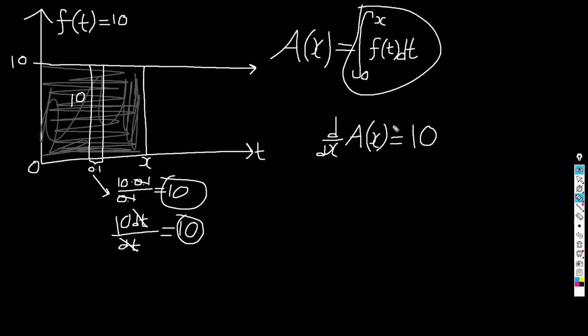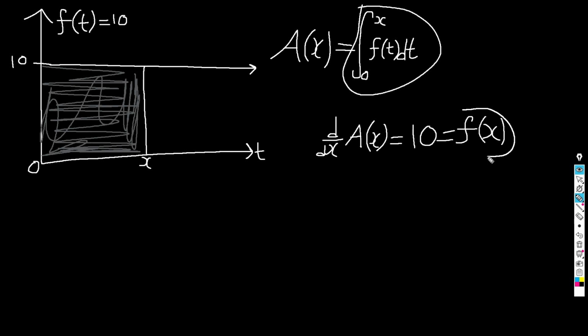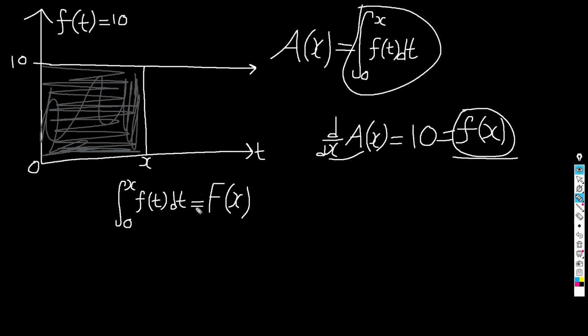So now we know the derivative of the area function is 10, which is also the function's height, which is f of x. This is very important. And now, since the derivative of the area function is f of x, we can now say that the area function, this integral here, is the antiderivative of f of x.